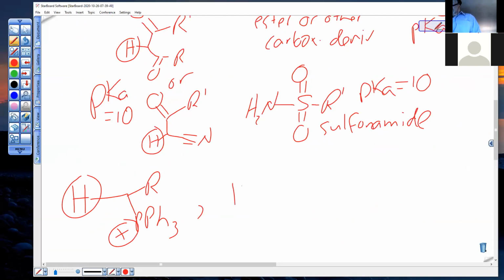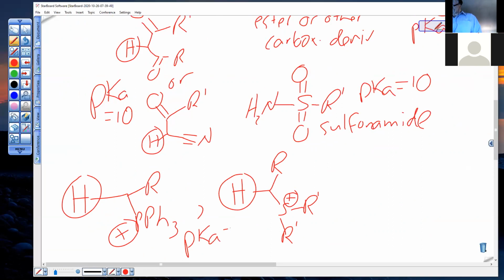And our sulfur ylid precursor, both pKa equals 30. Those are both ylid precursors.